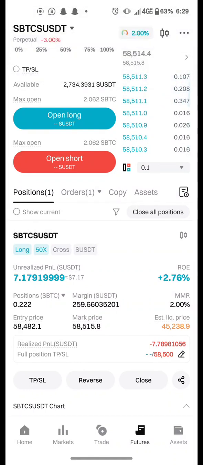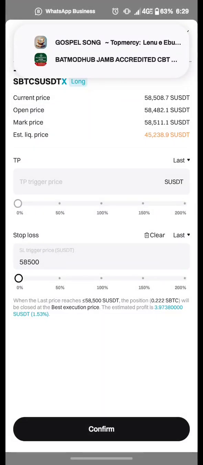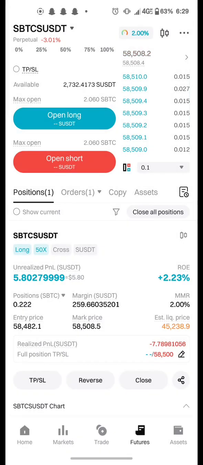So if you let's say like this 2%, look at what I locked. Look at the gain. I locked 1 point. Look at what I locked. I locked 1.53%. Estimated profit $3. Can you see? But what I locked is 1.53%. If the trade should go down, look, it's on 2% like this now.